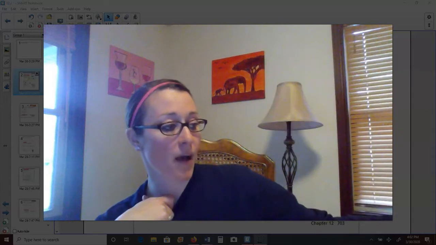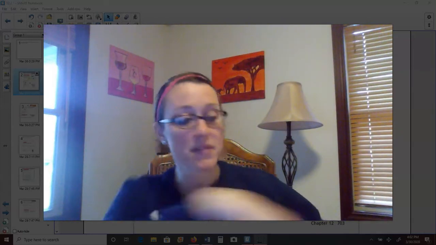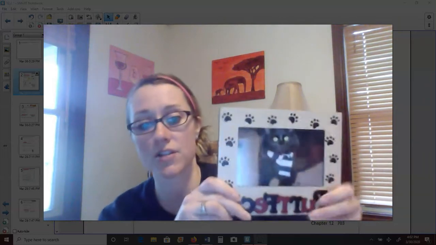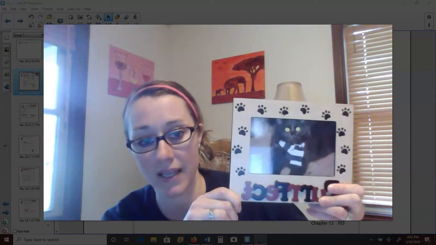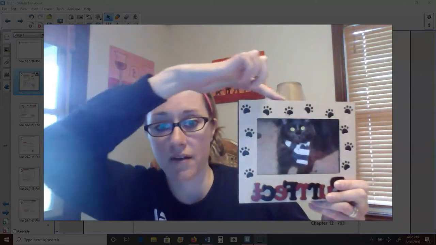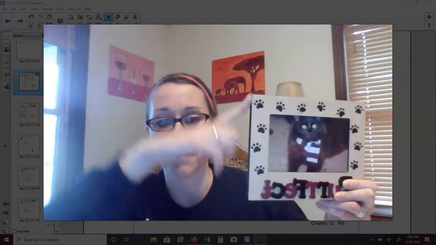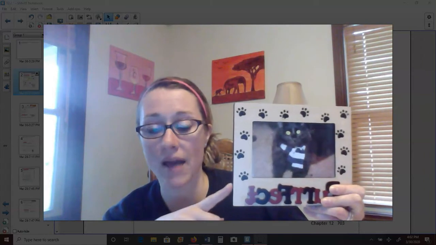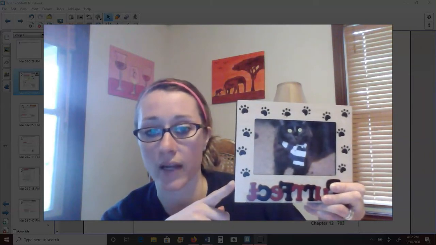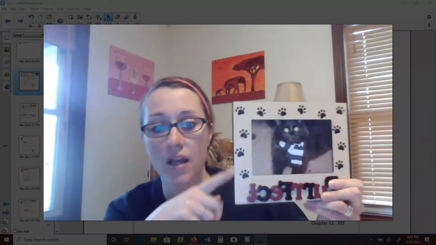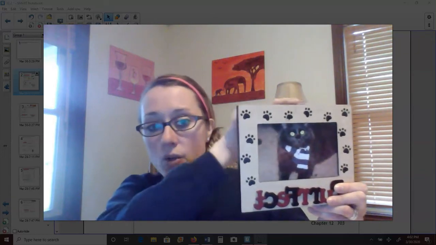Now I wanted to share a couple items around my house that I found that have angles on them, such as a picture frame. Here's a picture of my kitty Jasper. A picture frame, when you think of the edges of a picture frame coming together, they create angles. So when you have shapes like squares and rectangles, and a lot of things are made of squares and rectangles, they create these perfect corners.